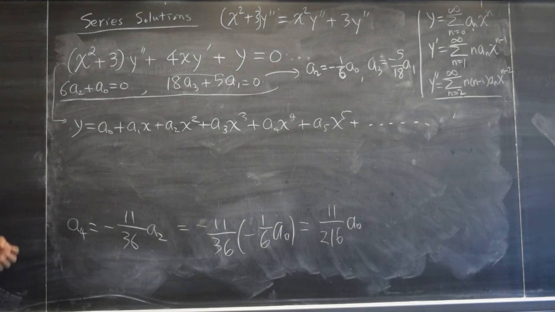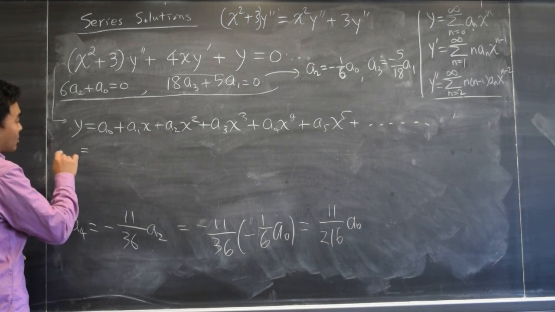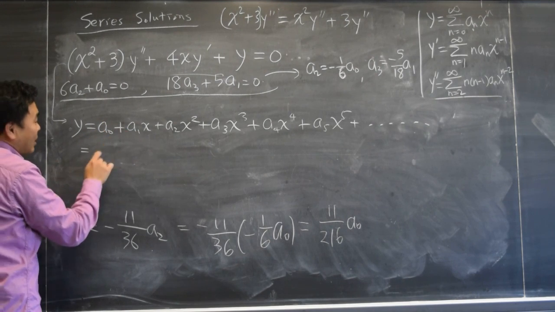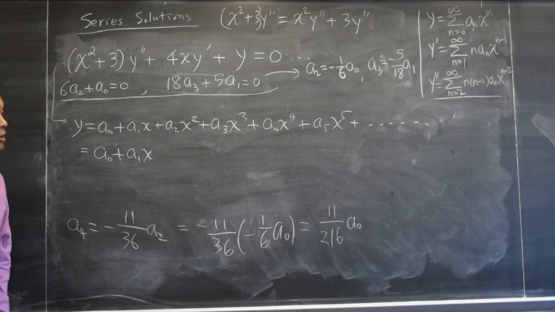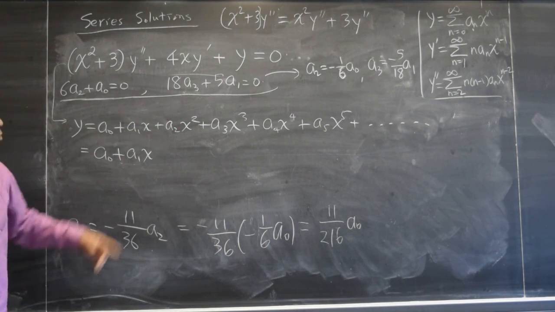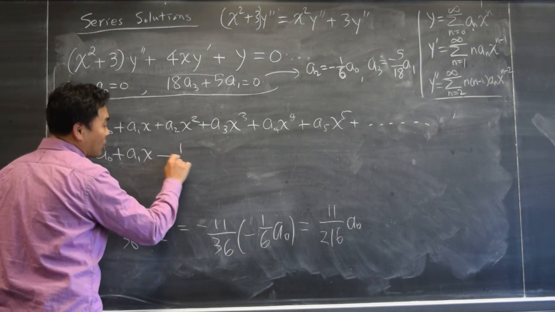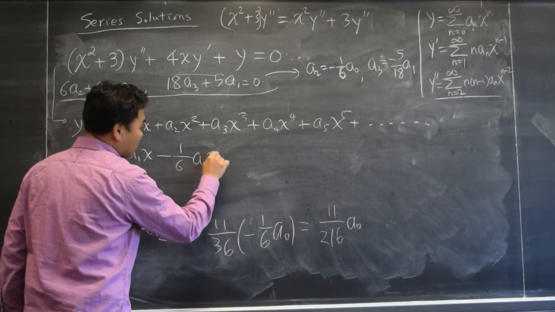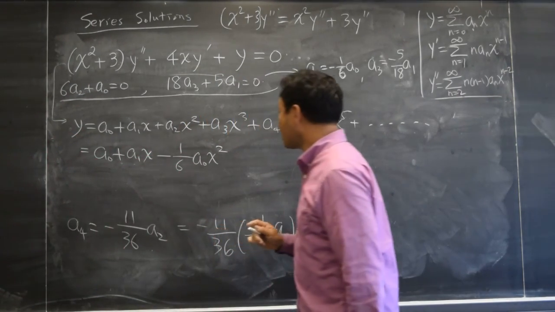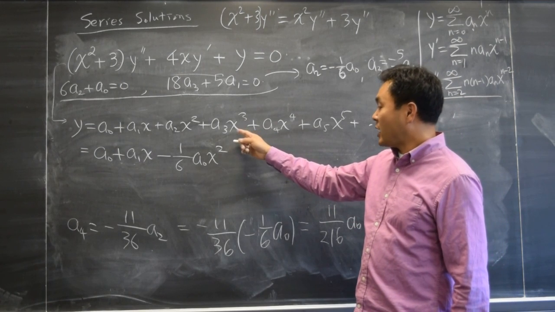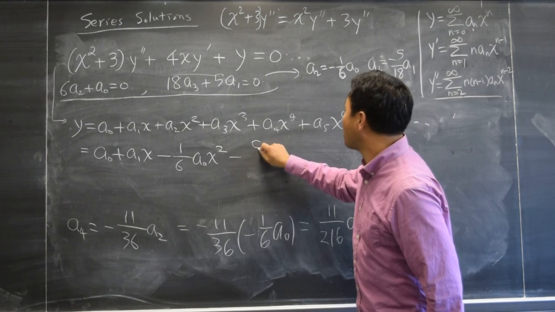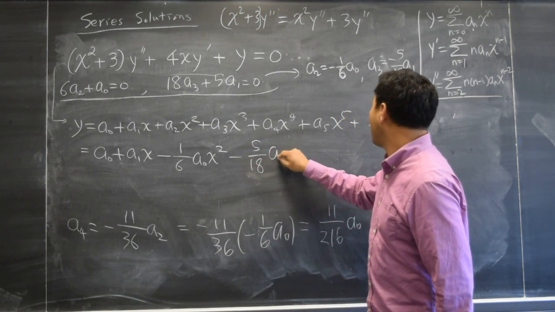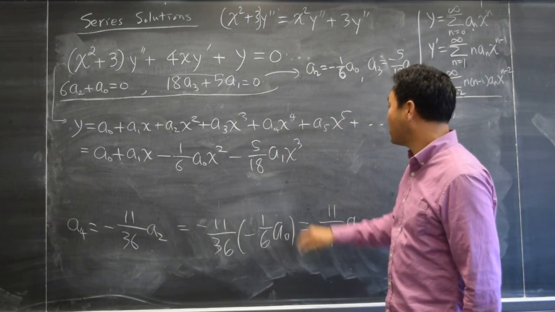And because A0 and A1 are the free parameters, it's okay not to know them. But because I have A2 as negative 1/6 of A0, I can replace this by negative 1/6 A0 x squared. Okay? And then A3 is minus 5 over 18 A1 x to the third.